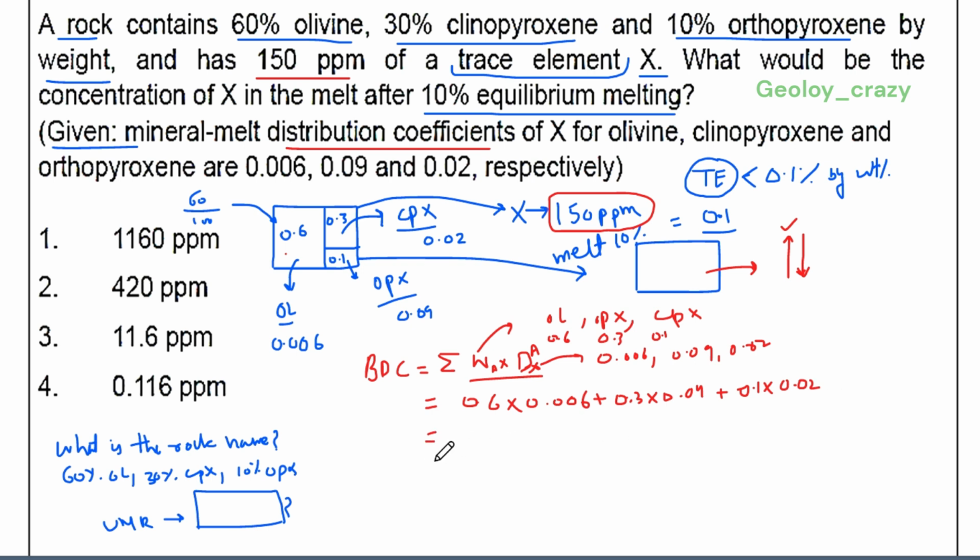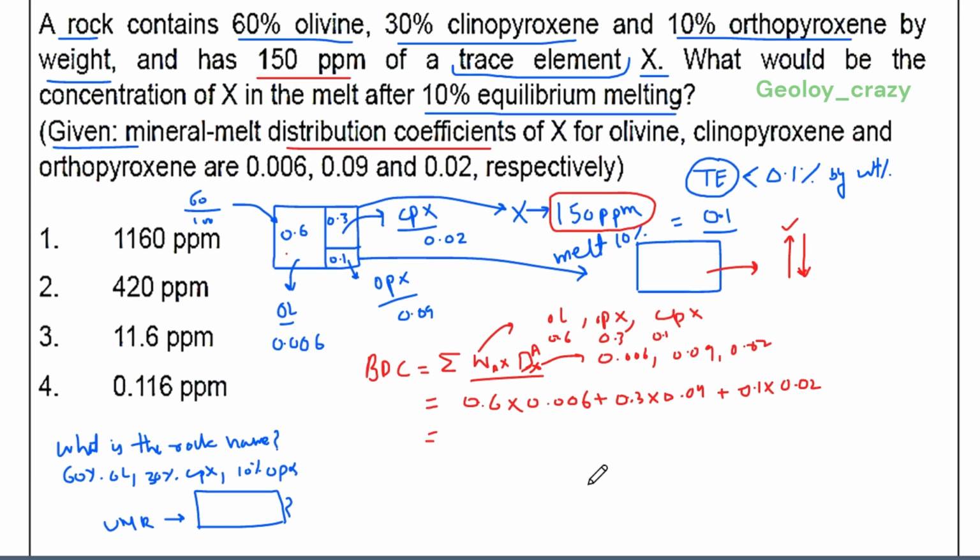Okay, so now if we multiply, 6 sixes are 36. Okay, and how many zeros do we have? At what place will the point come? 1, 2, 3 and 1, 2. Okay, our next one is 3 nines are 27. Okay, 1, 2, 3. Then 2 ones are 2.